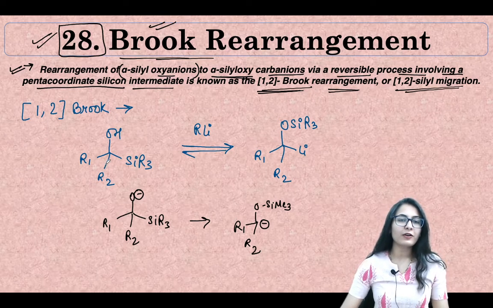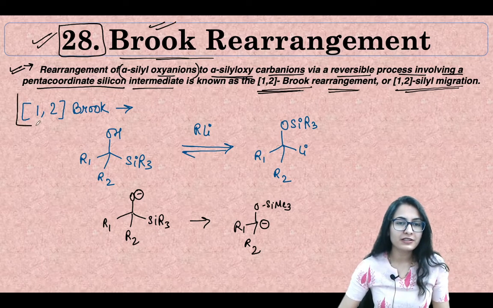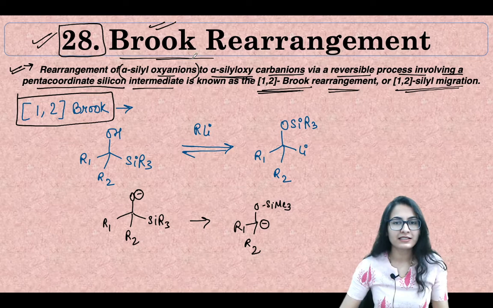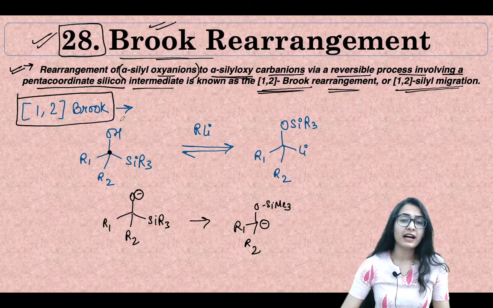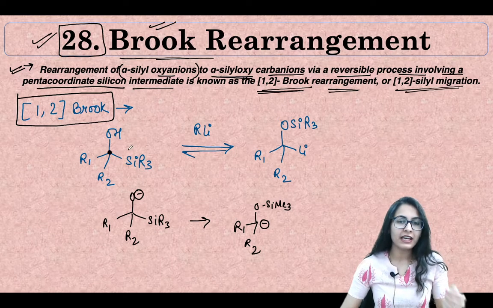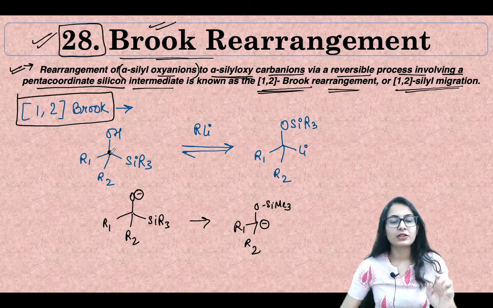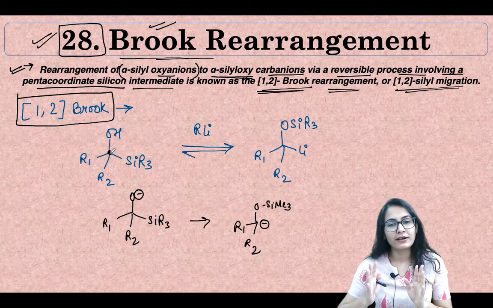Alright, so what are we talking about? Let's see the first one, the 1,2 Brook rearrangement that goes through the alpha silyl oxyanion. Here is what we have: alpha hydroxysilane basically. On the alpha position you have the OH group as well as the silicon group. Silicon could have any substituent.